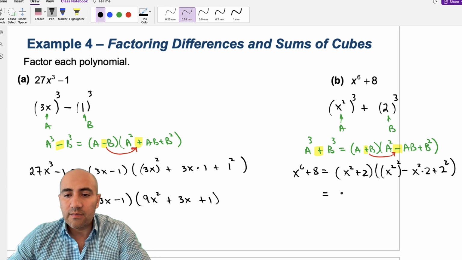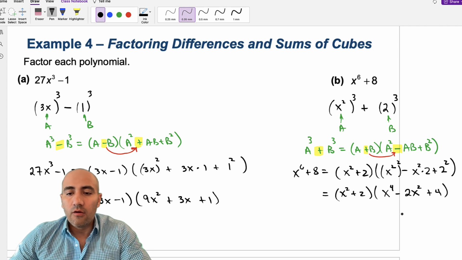Okay, and so we can simplify that as x squared plus 2 times x squared squared is x to the power of 4 minus 2x squared plus 4.